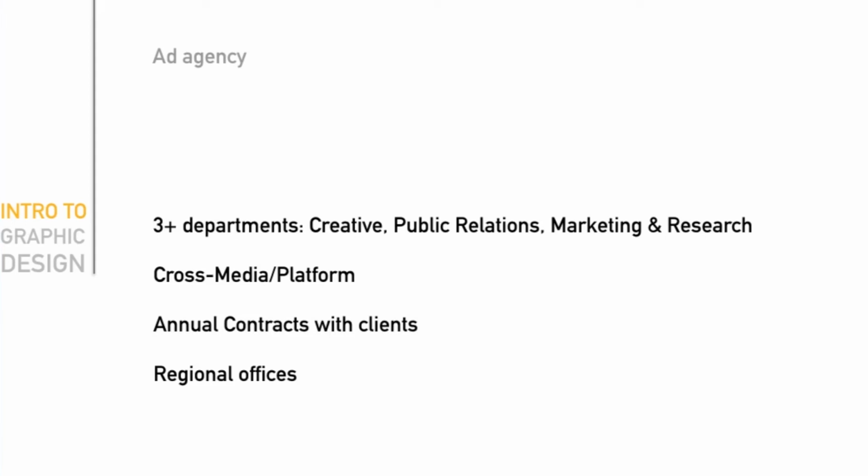Ad agencies work cross-media and cross-platform. There are agencies who specialize in social media. There are agencies that do print, television, and social media. So it depends upon the agency and its size and its focus. Agencies usually work on an annual contract, or they will have a contract for a number of years.